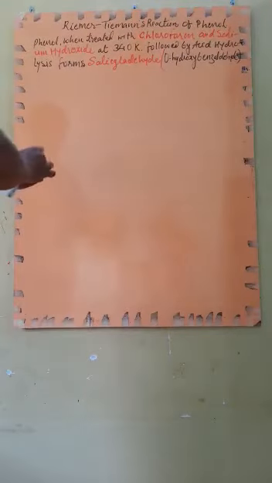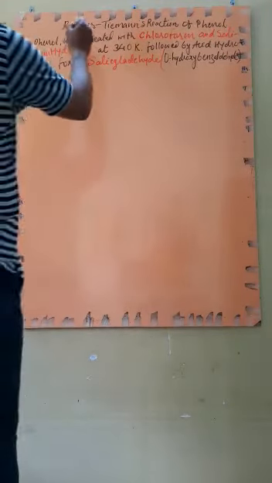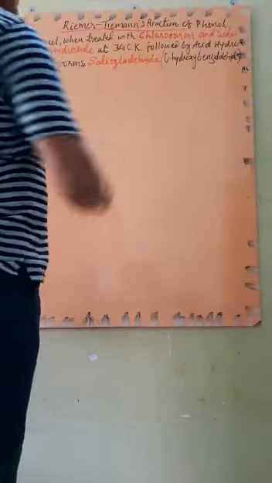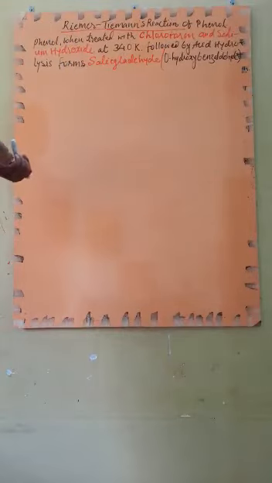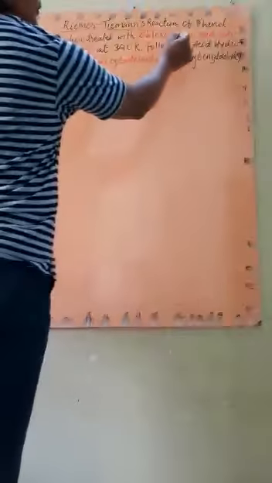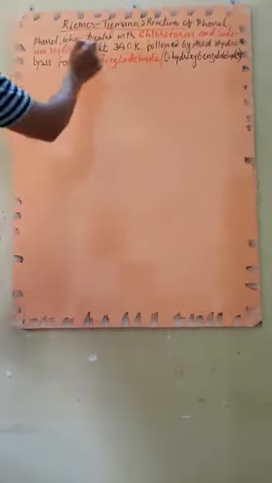Yes, student, this is the most important reaction of, you can say, the chapter. This is the Reimer-Tiemann reaction of phenol. In this reaction, phenol is treated with chloroform and sodium hydroxide.